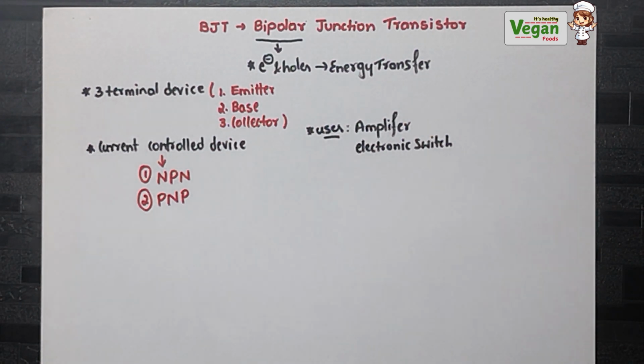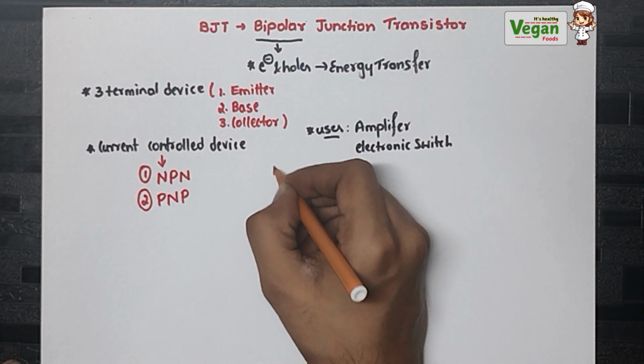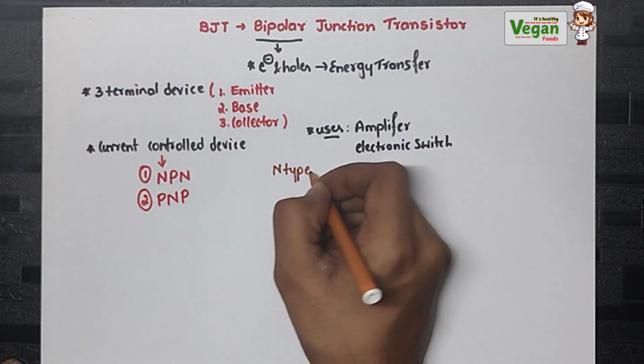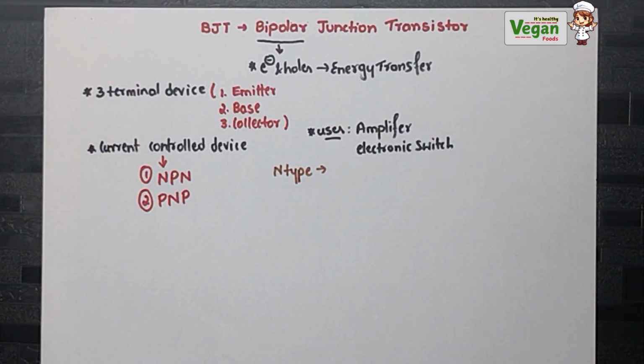What are N type and P type semiconductors? These semiconductors have intermediate conduction between the insulators and the conductors. To increase their conduction, we will add impurities. The impurity that we add decides the type of the semiconductor.